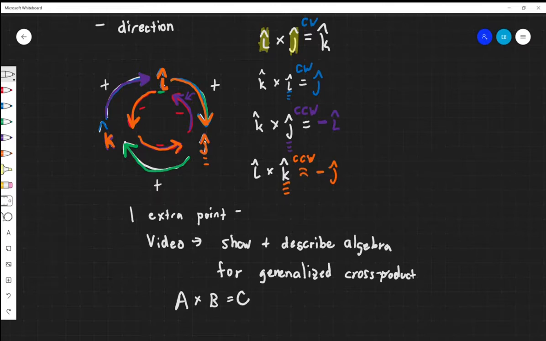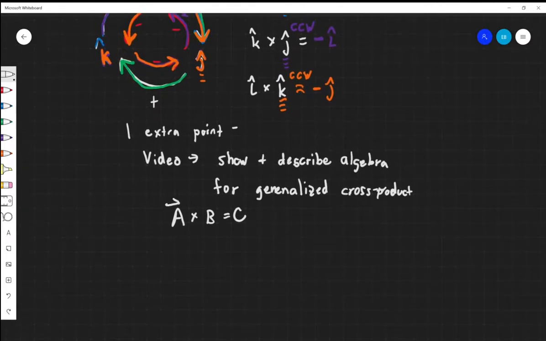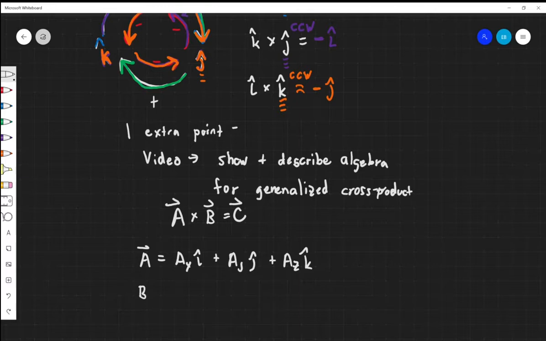And I want this in expanded vector notation. So these are two vectors giving me a third vector, and A is going to be equal to AX, some magnitude in the X direction in the I hat, plus AY in the J hat, plus AZ in the K hat. And same thing for the B vector. B vector is going to be BX in the I hat, plus BY in the J hat, plus BZ in the K hat.